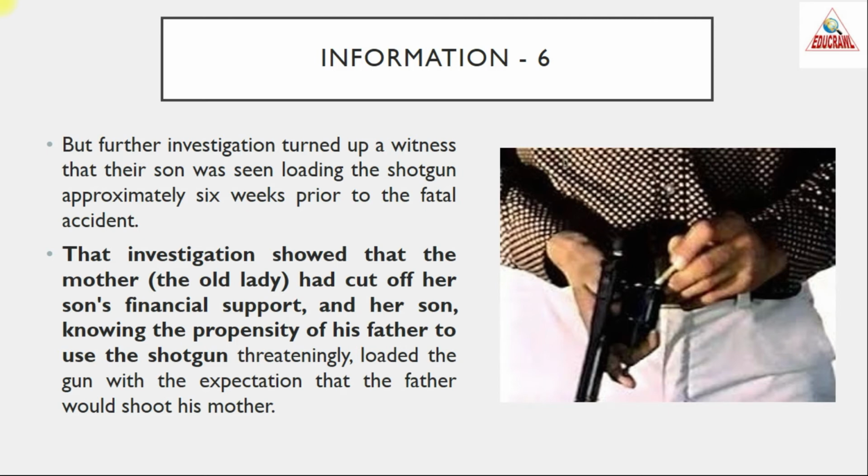The investigation showed the mother, the old lady, had cut off her son's financial support, and her son, knowing the propensity of his father to use the shotgun threateningly, loaded the gun with the expectation that the father would shoot his mother. Now the sixth information tells us the person who loaded the gun is the son of this old man and woman. Then he should be the culprit, because he loaded the bullet.